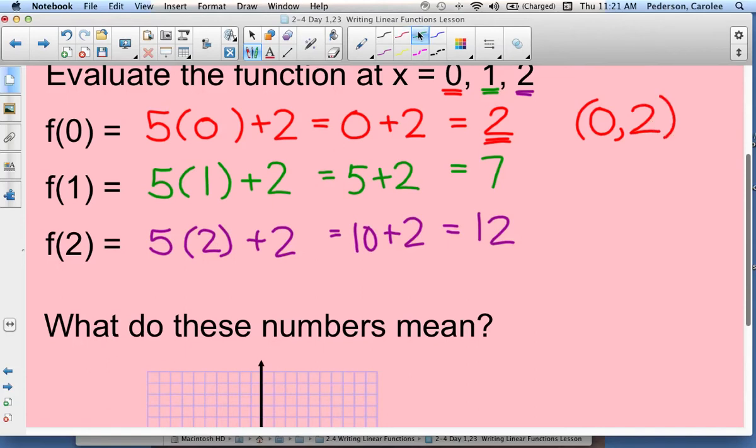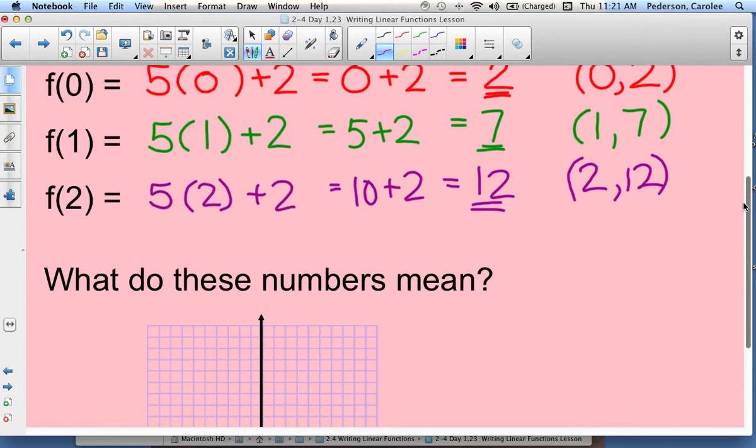Our second ordered pair is what we substituted in, f of 1, so that was our domain, and then our range is what we got out, which is 7. Our last one, when we evaluated 2, f of 2, which is our domain, our range, what we got out, was 12. So what we're going to do is graph these 3 ordered pairs.